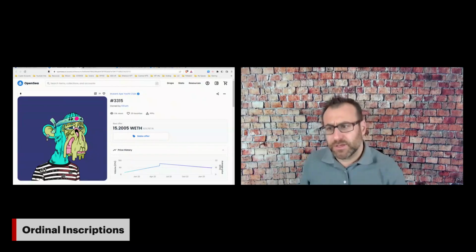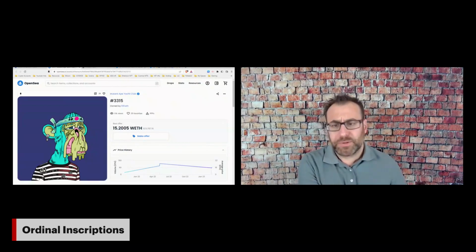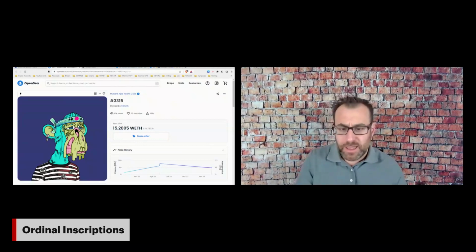Here's an NFT. Here's a mutant ape. This is on OpenSea, which is a marketplace on the Ethereum blockchain, and basically an NFT is a special token standard. It's ERC-721, and this is the token standard for non-fungible tokens on Ethereum, allowing it to be compatible with the blockchain.